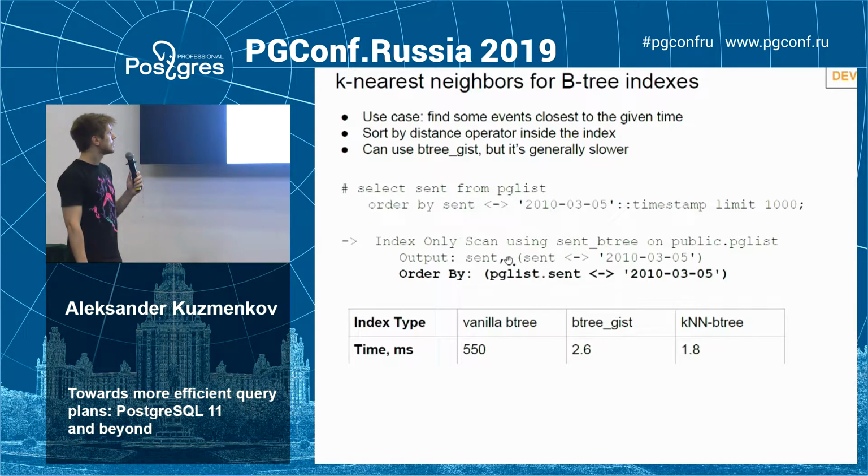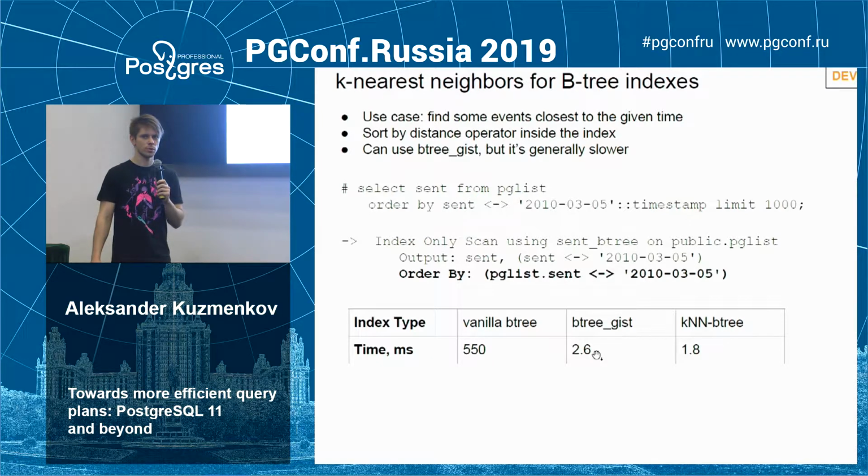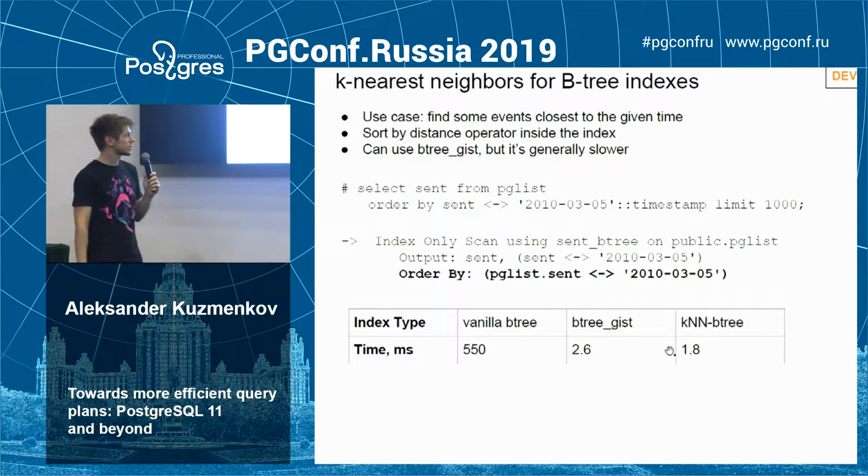We sort everything down before the date, we extract all the data, we sort it, and then we come to the limit. With B-tree GiST, we speed up 200 times. And actually, with this type of optimization with column B-tree, we speed up even more.